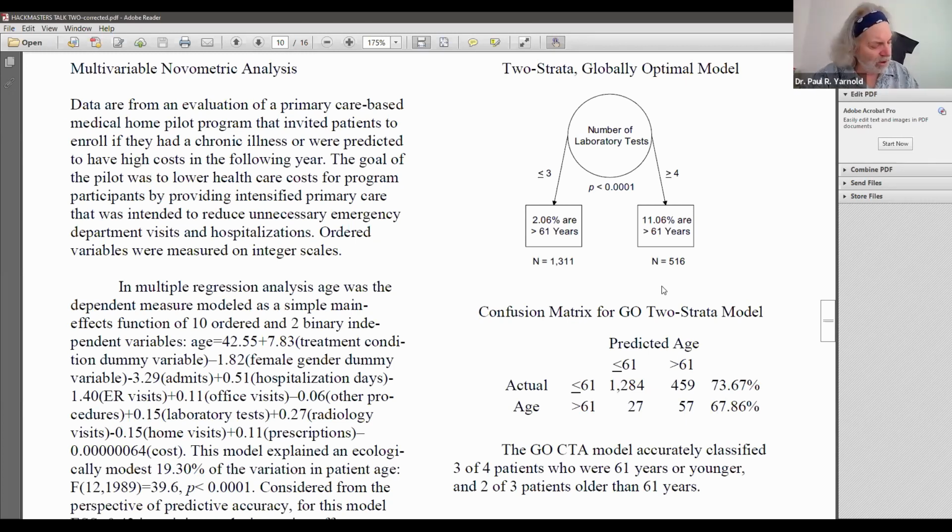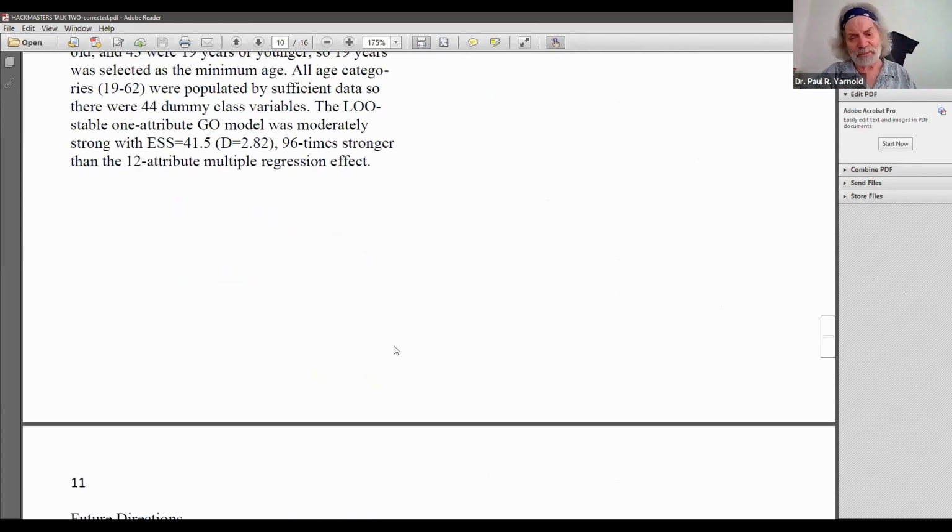T is 2.82. To figure out the age exactly, you need 3 more attributes to figure it out. So it's not a great model, but it is 96 times better than that multiple regression model with 1 variable. Can we go to the final page, please?